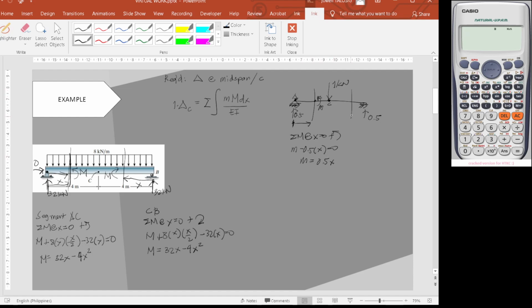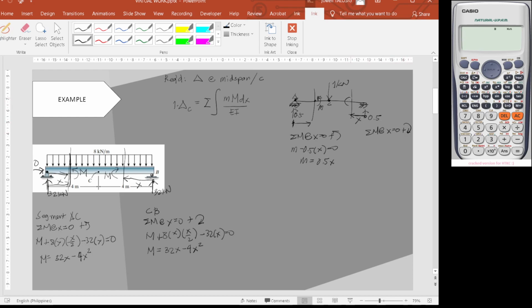Same with this, we start from the right going to the left, same as when we solved the capital letter M. Summation of moment at x is equal to 0, positive clockwise.